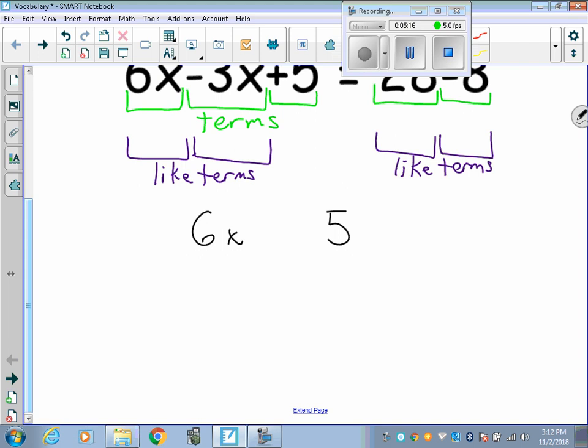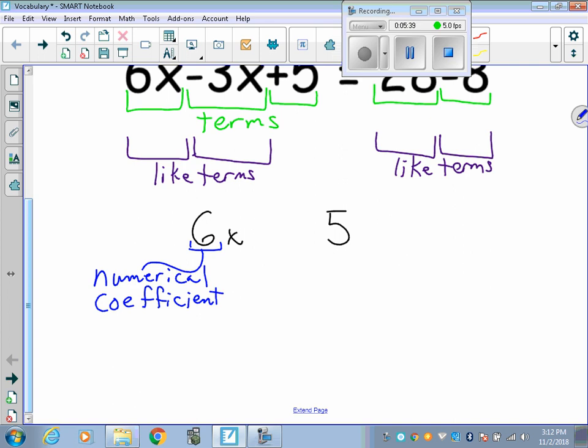Talking about the 6x, this 6 right here is known as the numerical coefficient. Again, that's what you're multiplying the variable by.